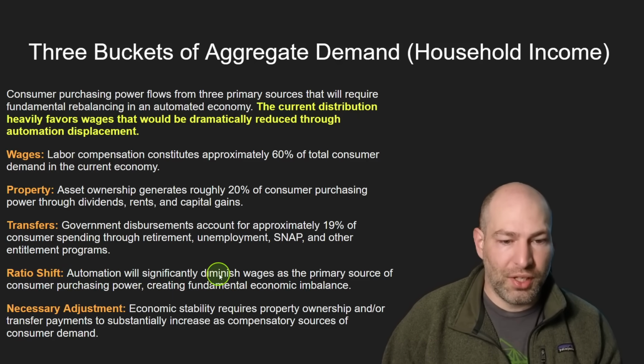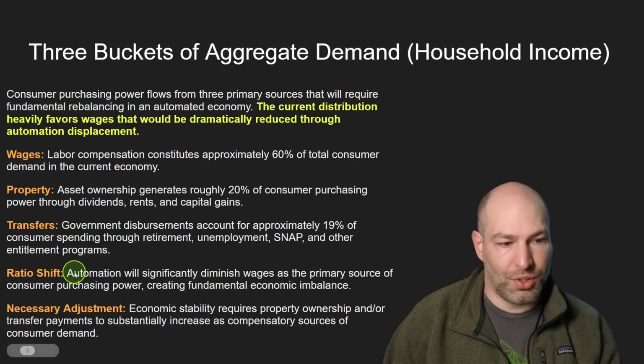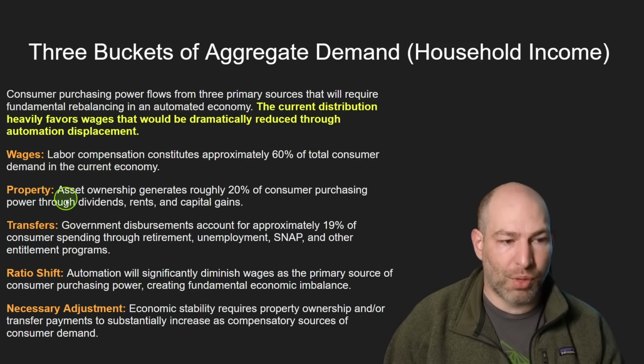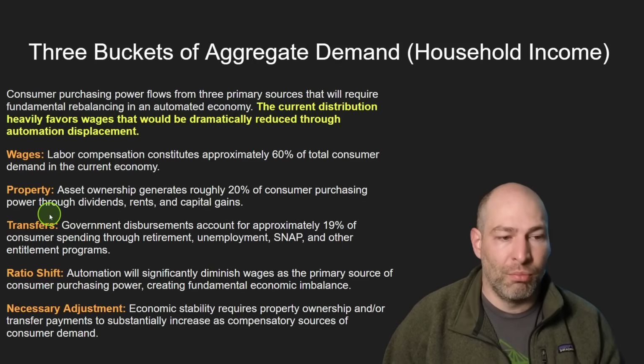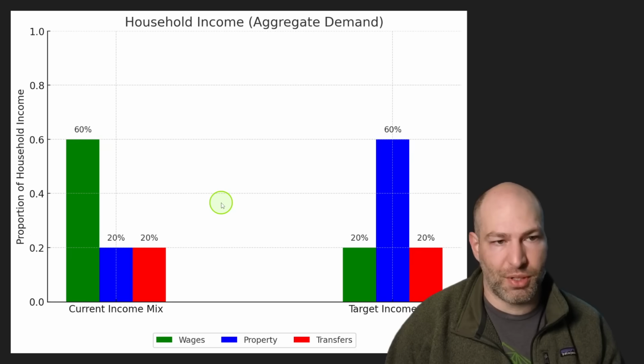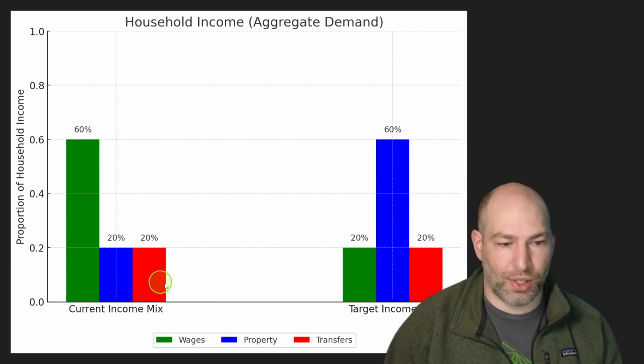Automation will significantly diminish wages as primary source of consumer purchasing power, creating fundamental economic imbalance. Again, if wages go down, property and transfers have to pick up the slack. Transfers would be UBI, but we don't want to overly rely on UBI. So that's the necessary adjustments. So here's a way to visualize it. Right now, the aggregate demand in America is roughly 60-20-20.